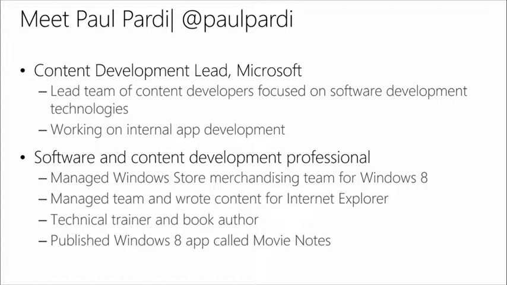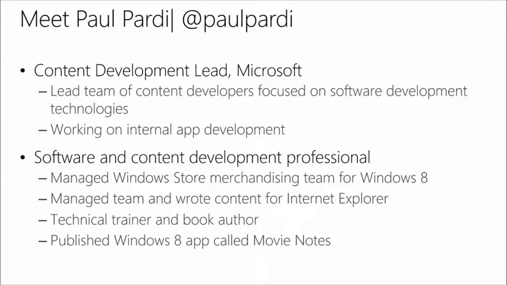Hi, my name is Paul Party, and I'm a content development lead at Microsoft. I've been in the software industry for about 20 years and doing programming most of that time. I started out programming in Visual Basic and moved to scripting, and then I moved into object-oriented languages like C# and spent most of my time in that language.